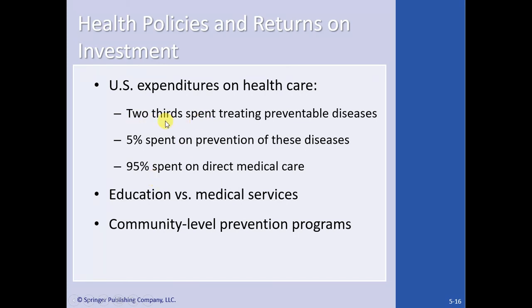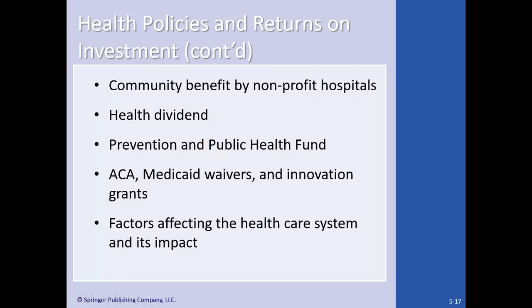Two-thirds of our expenditures are spent on treating preventable diseases, and yet only 5% is spent on preventing those diseases. So very important. Policies need to be reconsidered. The structure of our healthcare system needs to be reconsidered so that we are addressing the factors, the determinants that have the largest impacts on our health.